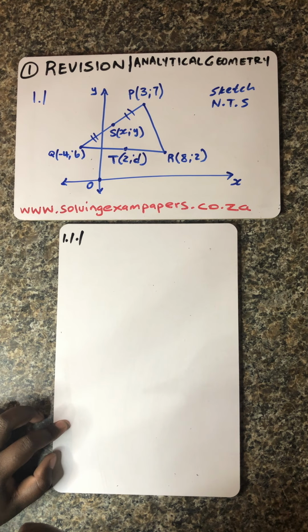Okay, very, very much important, ladies and gentlemen. So now it's just a matter of us substituting into that formula. Guys, remember, when you substitute a value which is negative, please do put it in brackets. Okay, so ladies and gentlemen, we can regard R as our second values, and we can regard our Q as the first values. What do I mean by that? That means our x2 will be 8, our x1 will be -4.